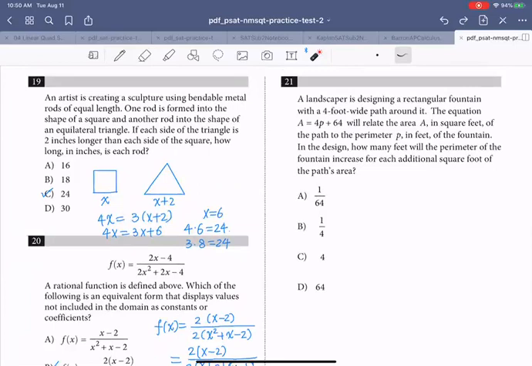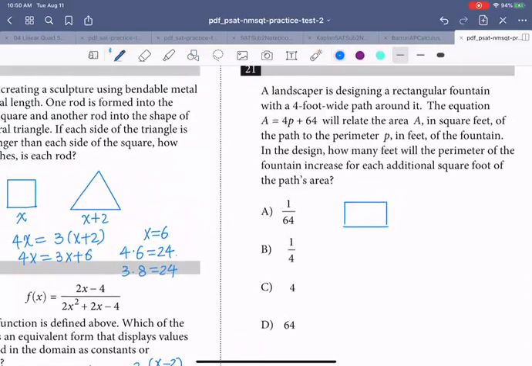Skipper designs a fountain. I think it should be 1/64.